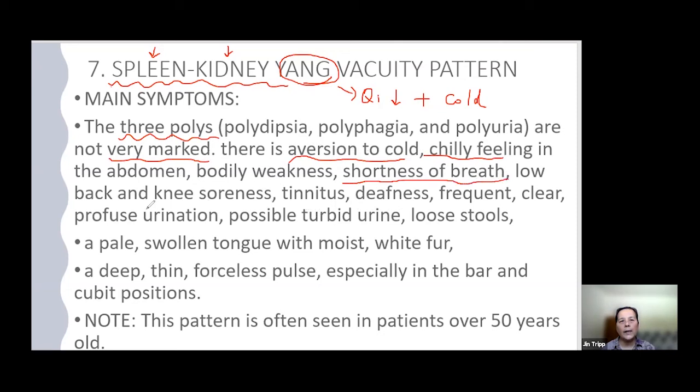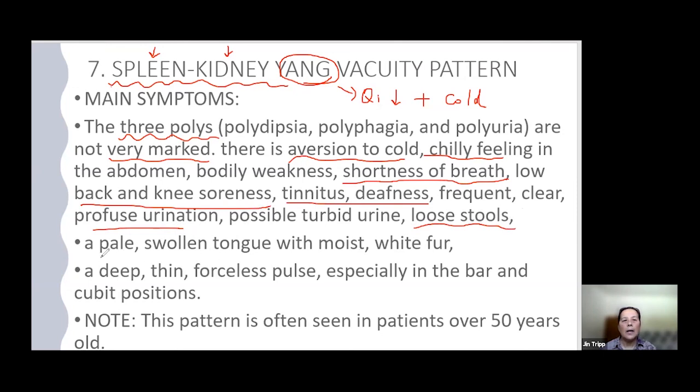Patients with kidney yang deficiency will have lower back pain and knee soreness, and maybe tinnitus, deafness, and frequent clear urination. Patients with mostly spleen yang deficiency will have loose stool. Even kidney yang deficiency is still possibly loose stool.